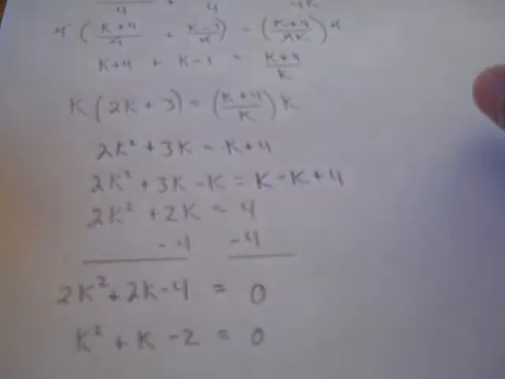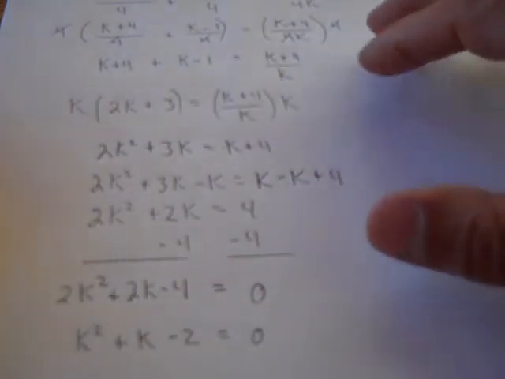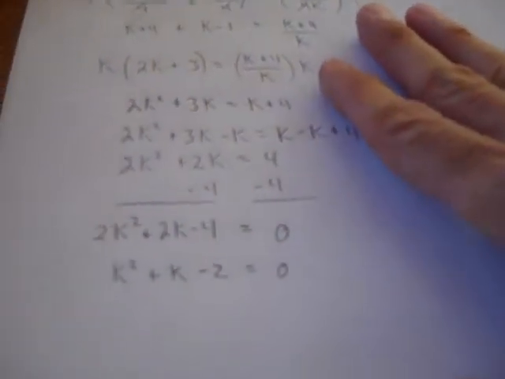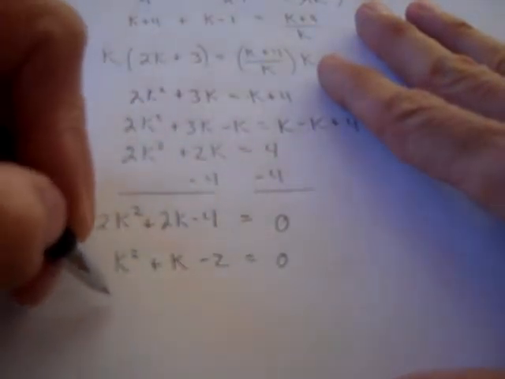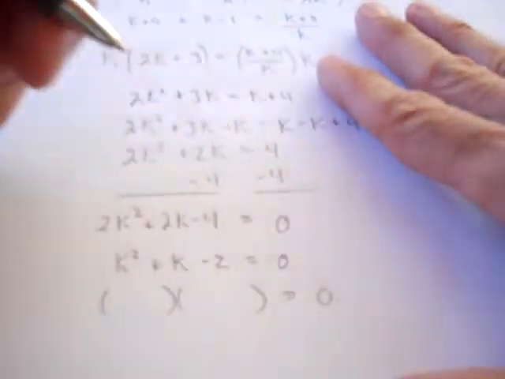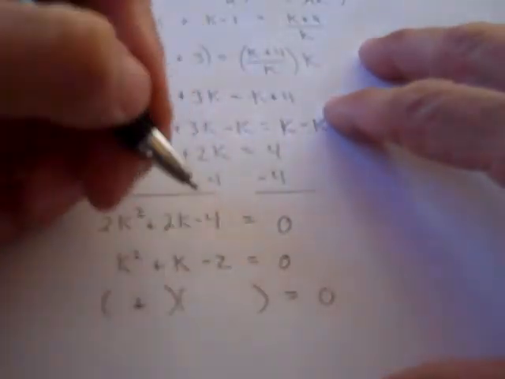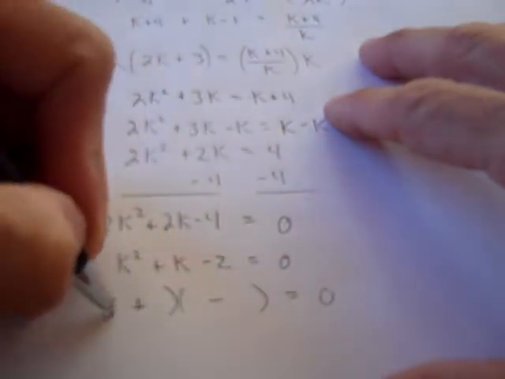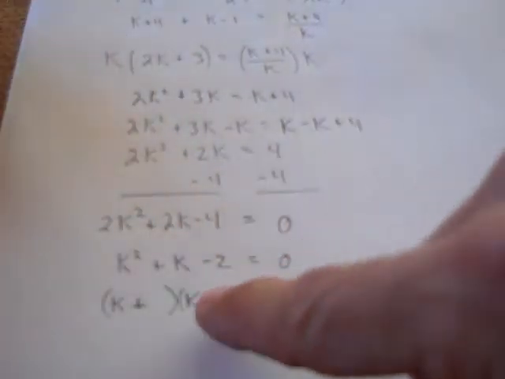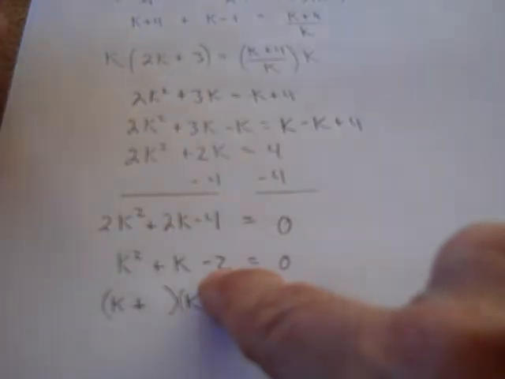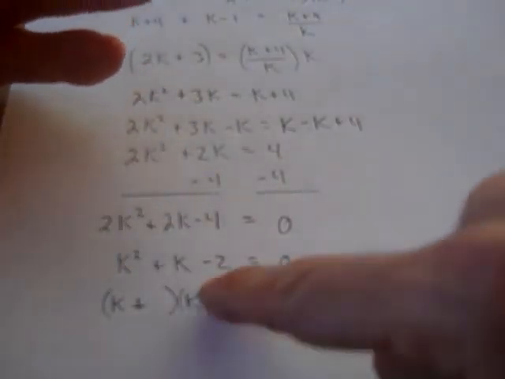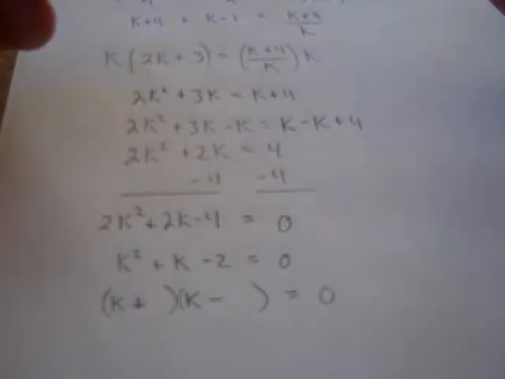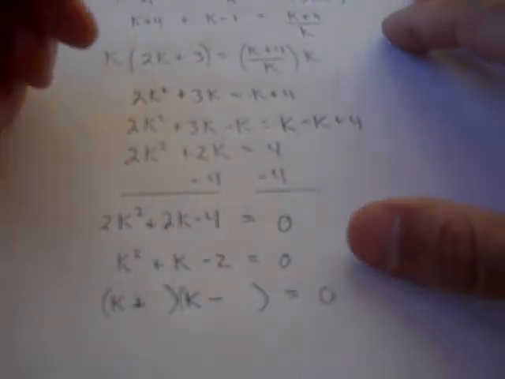And I have a quadratic equation, and that can be factored. What two numbers multiply to give a product of negative 2? Of course, 1 times negative 2.